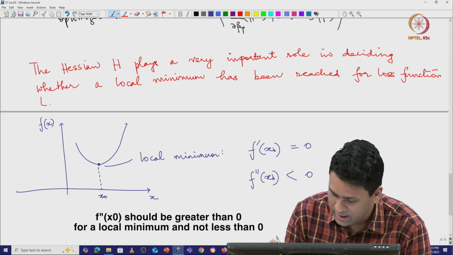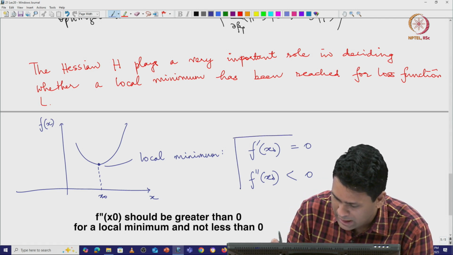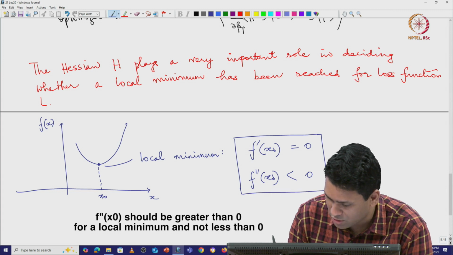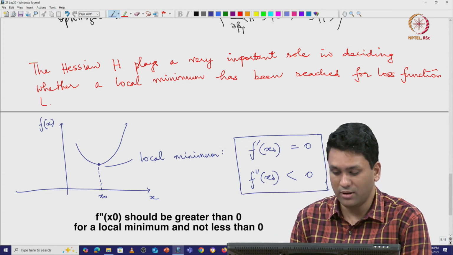This is key for a local minimum, and instead if f double dash x naught was greater than 0, you would have a local maximum.